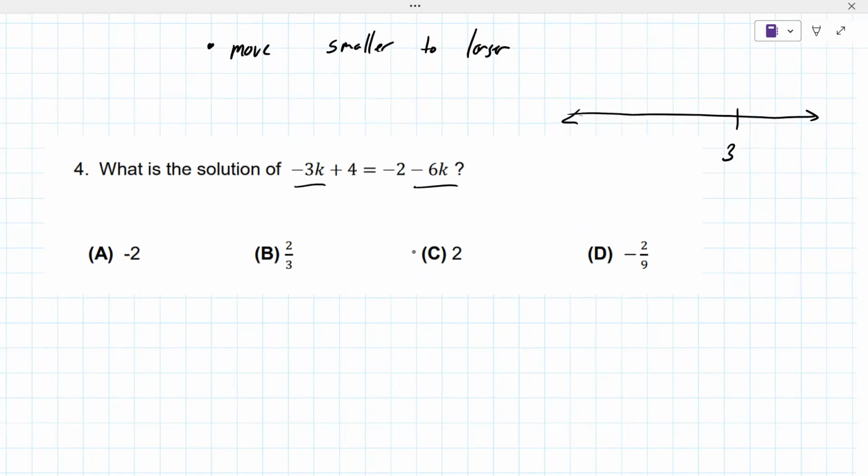Minus 6K. It's like 3 is smaller than 6, but minus 6 is smaller than minus 3. So you're going to move that to the other side by adding it to both sides. And then you have a problem like the ones we've been doing. So go ahead and solve that for us, please.